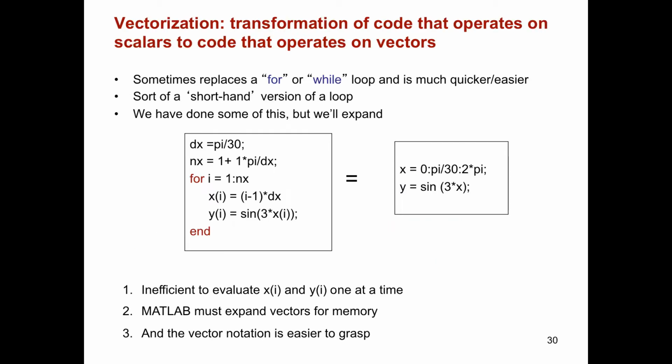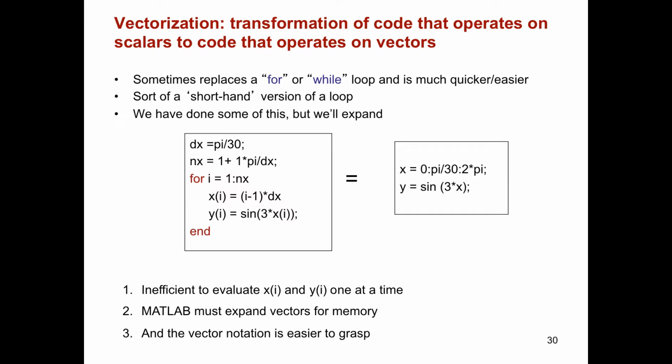Okay. All right. So we by now actually know there are certain things in MATLAB; vectorization is what we refer to as MATLAB's smart way of doing things in a very brief piece of code. For instance, if I had a vector of x values, I could simply assign y to be sine of 3 times x.